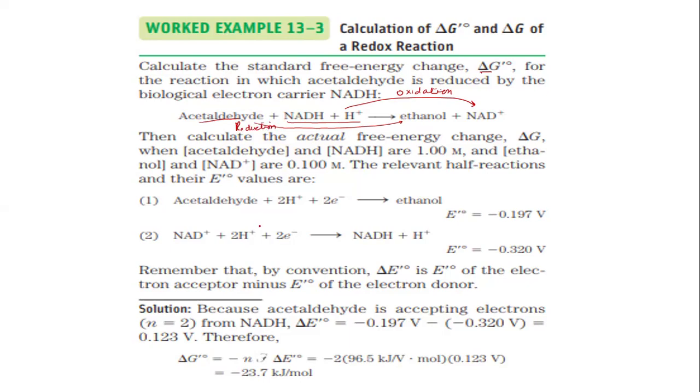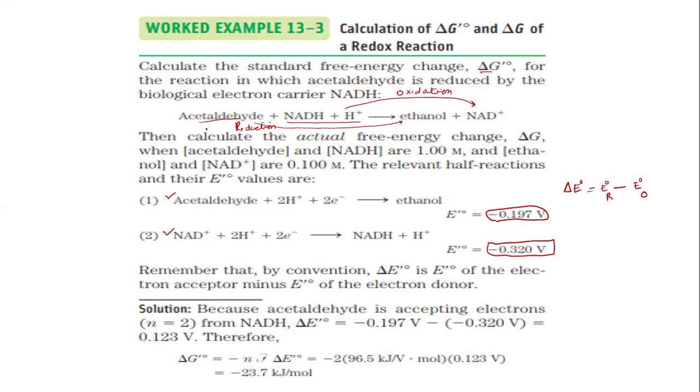You can see here we have also been given the half reactions showing the reduction of acetaldehyde and the reduction of NAD+. But we know here NAD+ is not being reduced, it is being oxidized. So what we will do is take the values of reduction potential and calculate delta E naught equal to E naught of reduction minus E naught of oxidation.